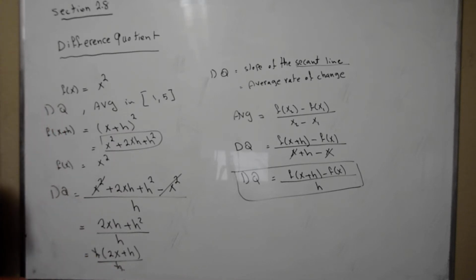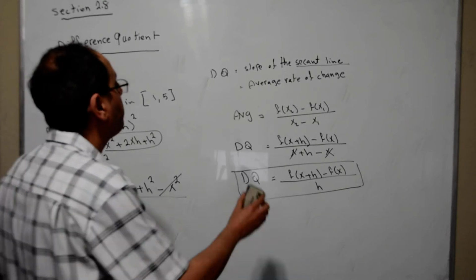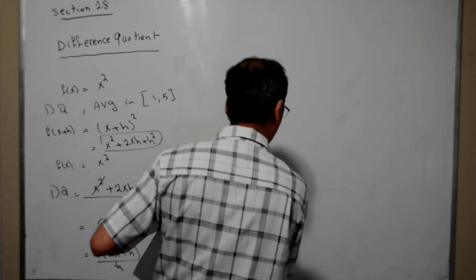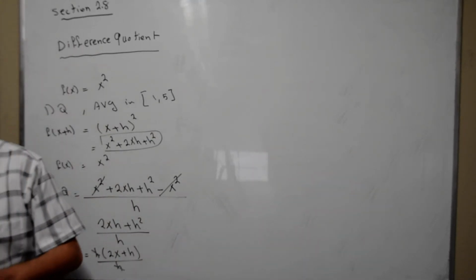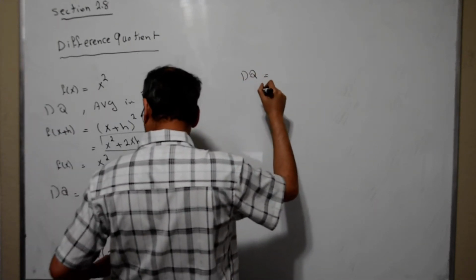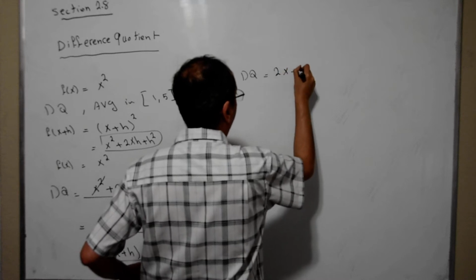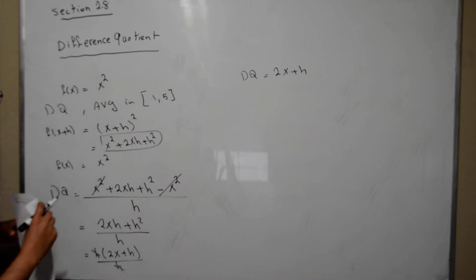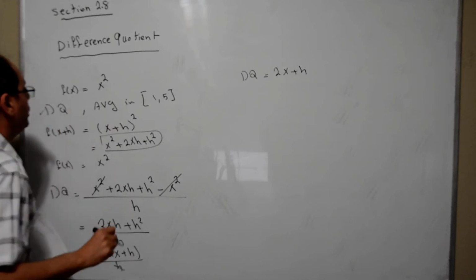So I have dq is 2x plus h. Alright, so I got dq already.